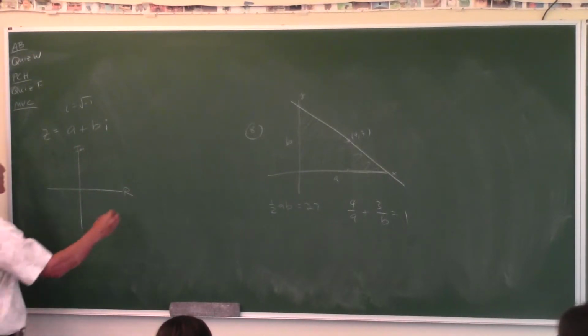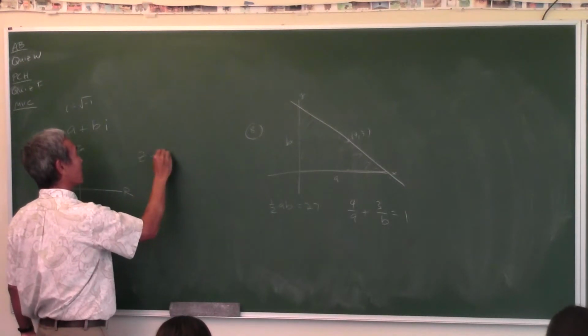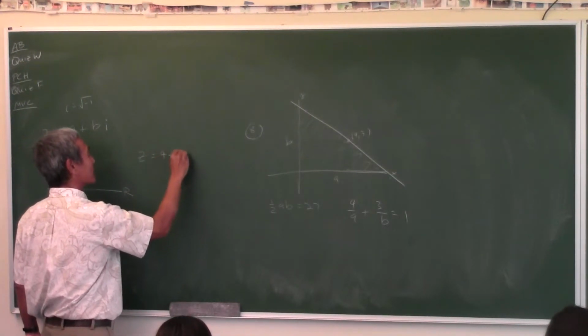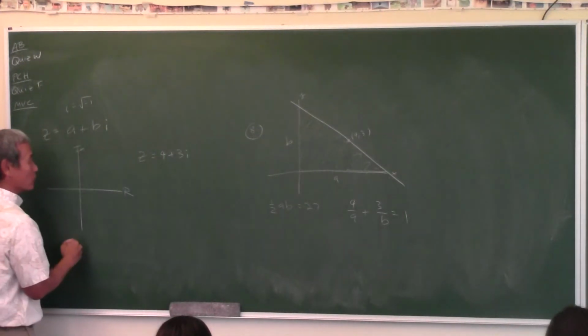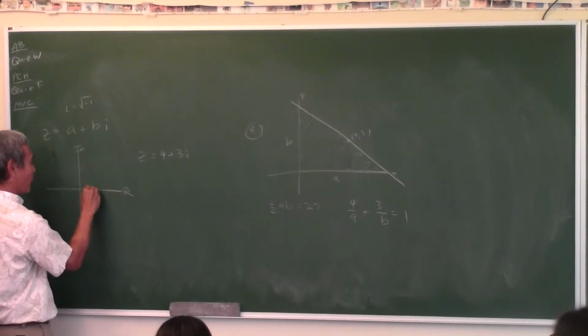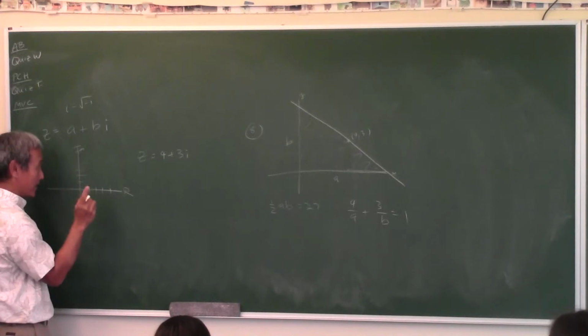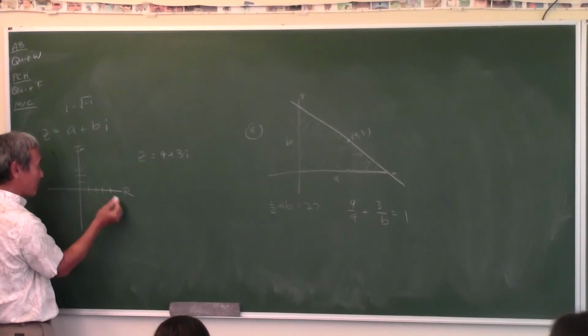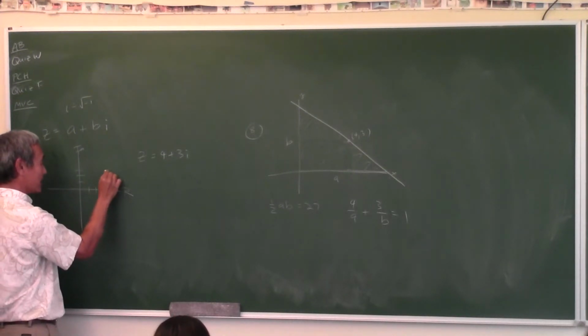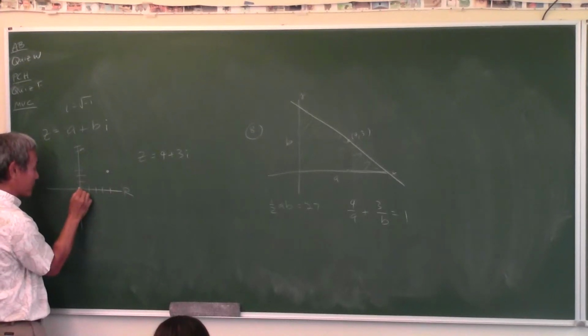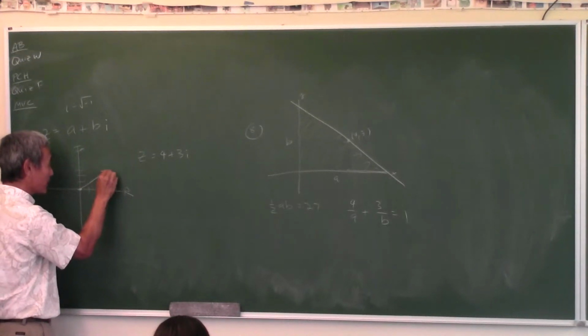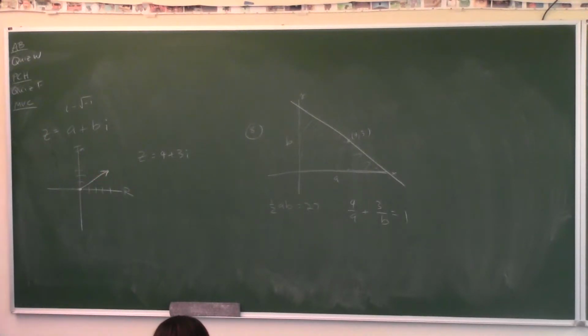So, for example, if you have the complex number 4 plus 3i, what is the real part? 4. So you go 4 on the real, and what's the imaginary part? 3. No, 3, not 3i, 3. So basically you plot the point 4, 3, and then you draw an arrow that goes from the origin to that point. That's the complex number 4 plus 3i.